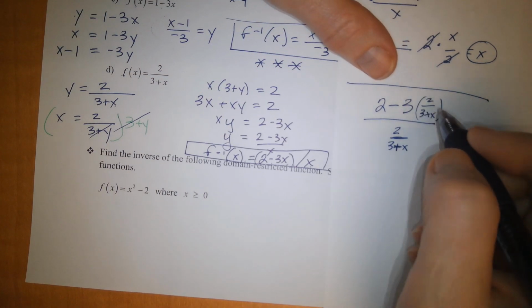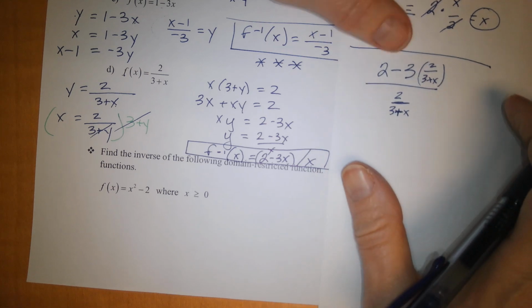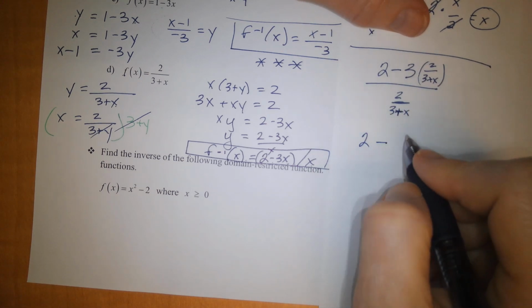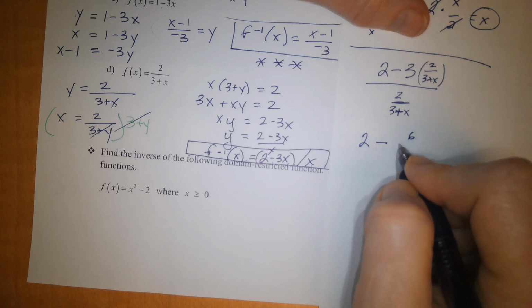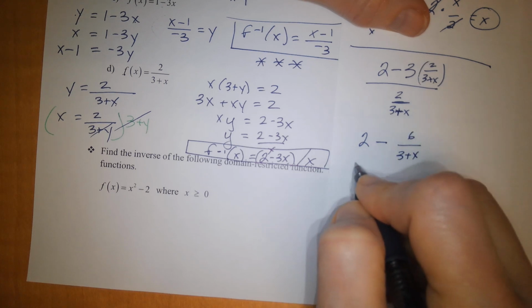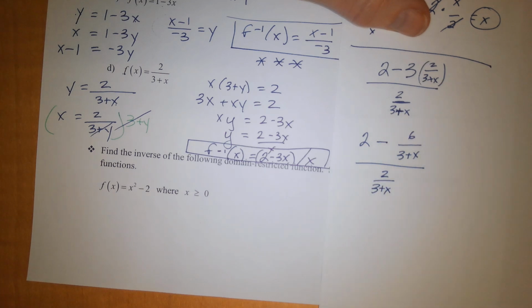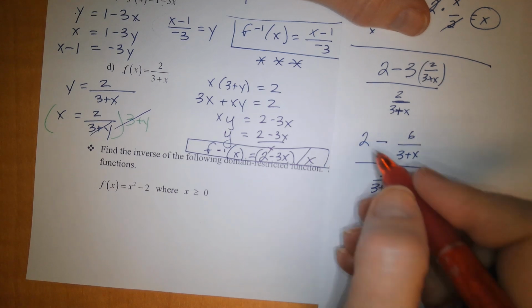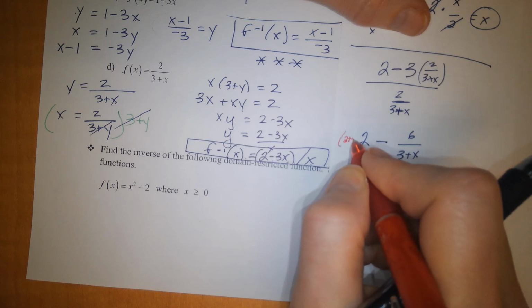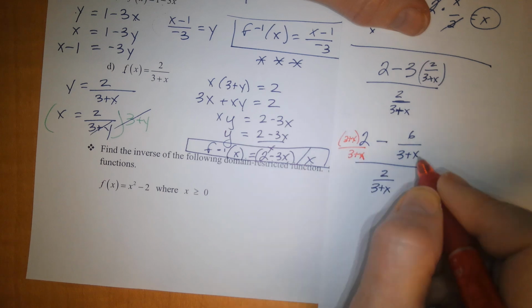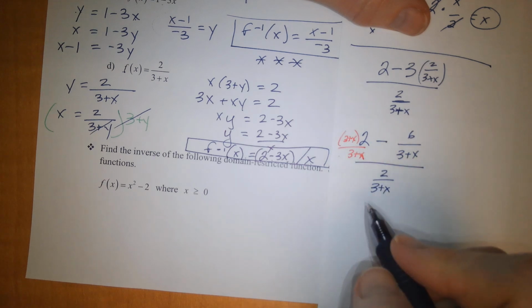All right, let's start by distributing up top here. So this gives me 2 minus 6 over 3 plus x over 2 over 3 plus x. Then we're going to get a common denominator. So this is going to need a 3 plus x and a 3 plus x so that I can add these two things together.